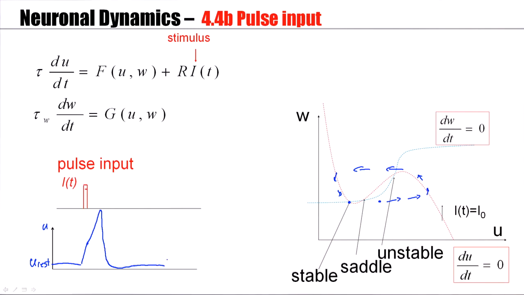Okay, now if I reduce the size of the pulse, then the jump will become smaller. If I reduce the size of the pulse even further, the jump may end up very close to the saddle point. Now at the saddle point, the flow is slow. The trajectory will move very, very slowly. The size of the arrows is very small.